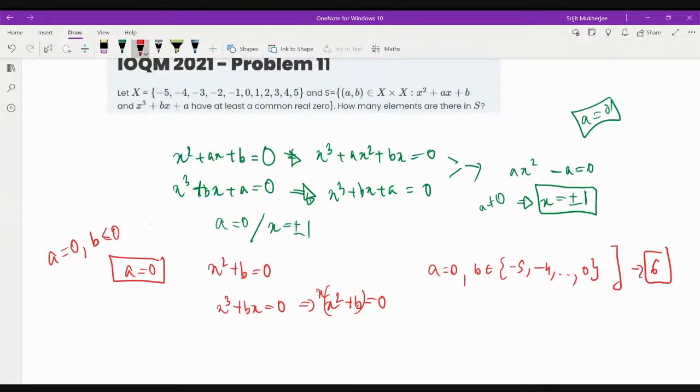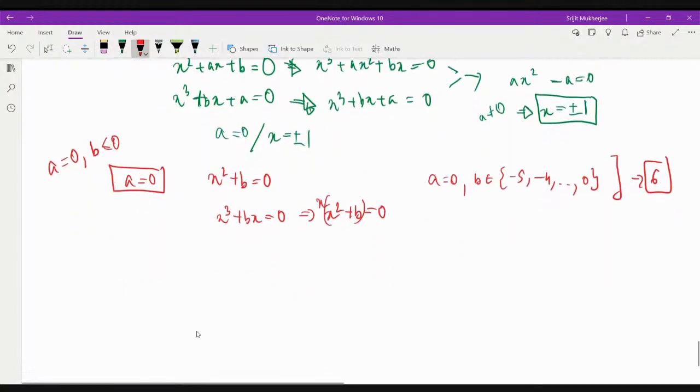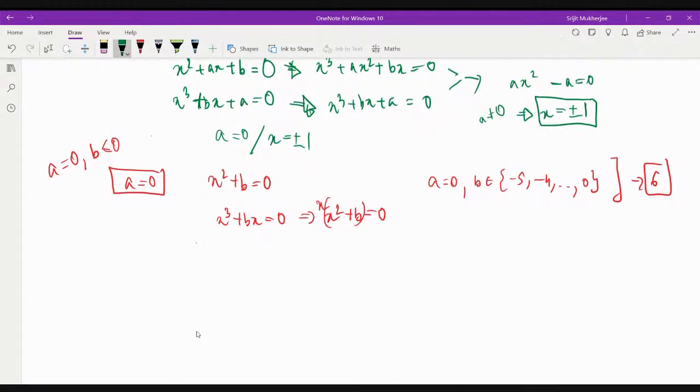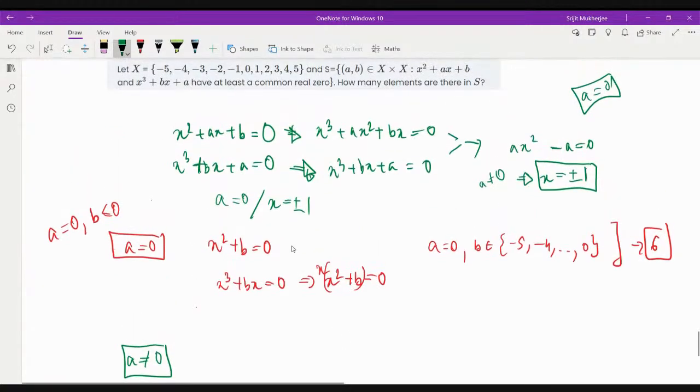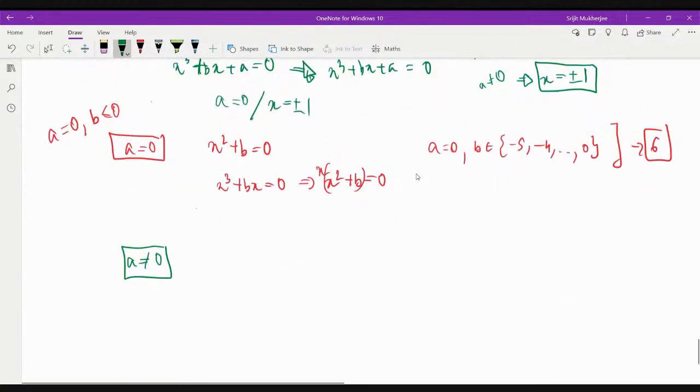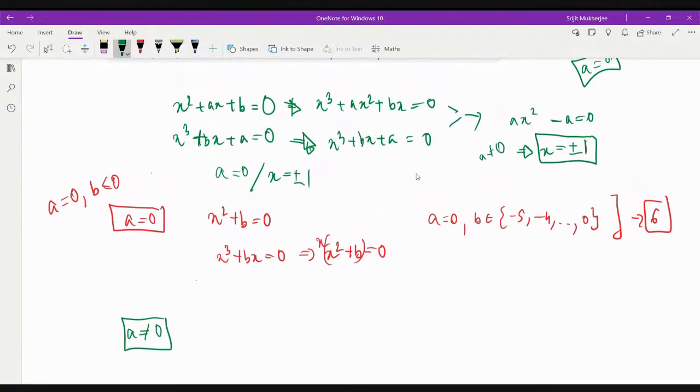Okay, so let's take a is not equal to 0 now. If a is not equal to 0, we have got that x must be plus minus 1.